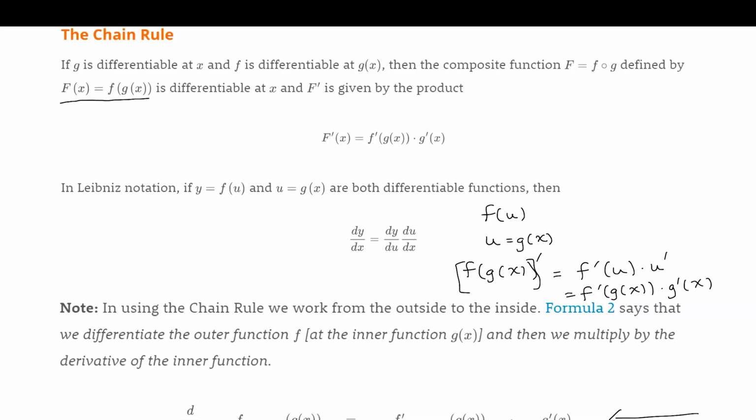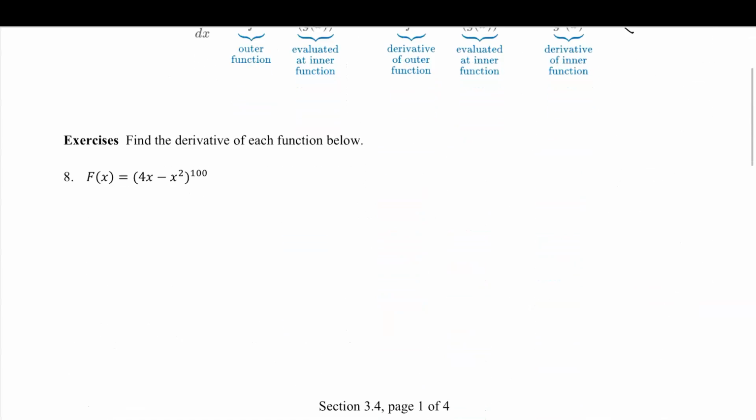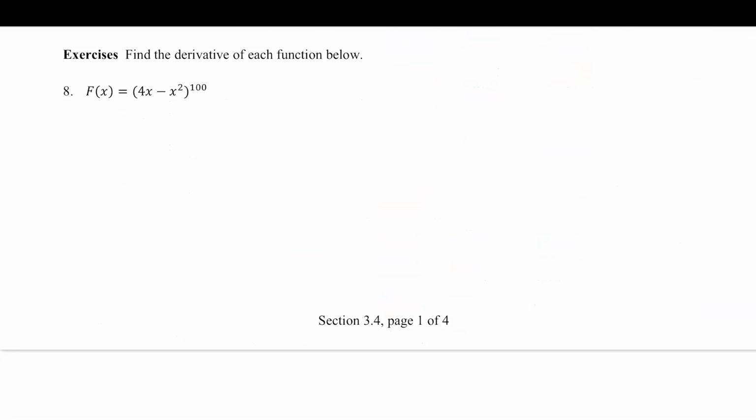So it amounts to the same thing, but they have this other notation here. dy dx is equal to dy du times du dx. All right, so let's look at a couple examples to see how this works.